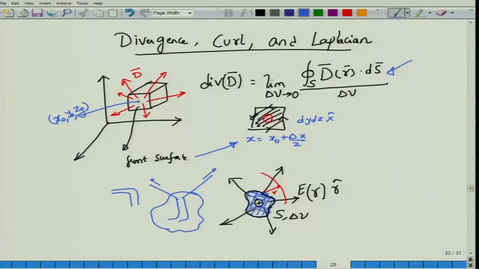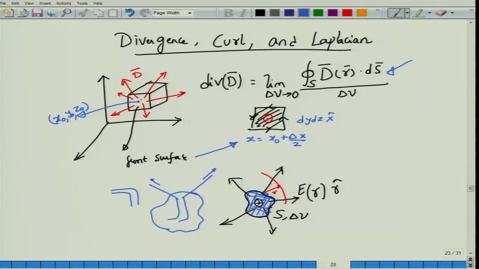So I know that this is a vector field D that I have here, and this is the surface that I have picked. This surface is that of a cube, and as I know, a closed cube will have 6 surfaces.